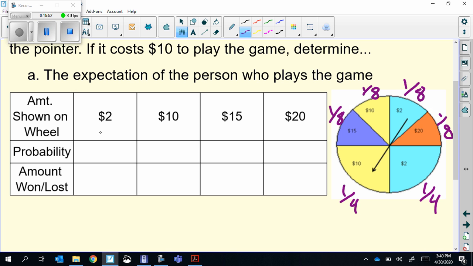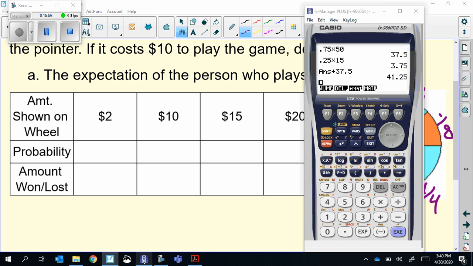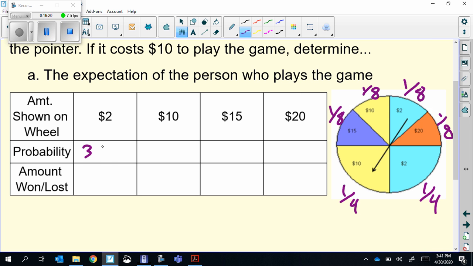So the probability of getting $2 would be the 1/4 plus the 1/8, and that's 3/8, or if you wanted a decimal, you could get the decimal from it.